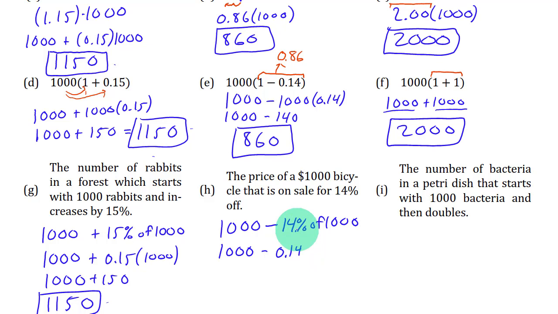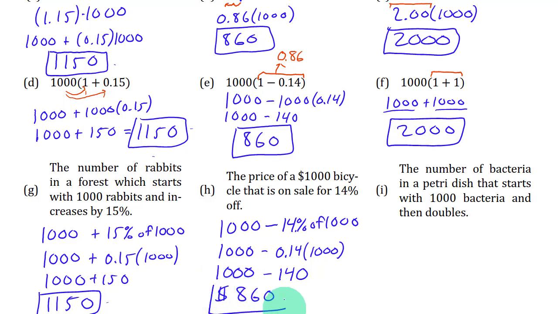It was 14.0, now it's 0.14, and that gets multiplied by 1,000, so it's going to be 1,000 minus the discount, which is $140, and so the new price is $860. So again, that's the same idea as B and E.